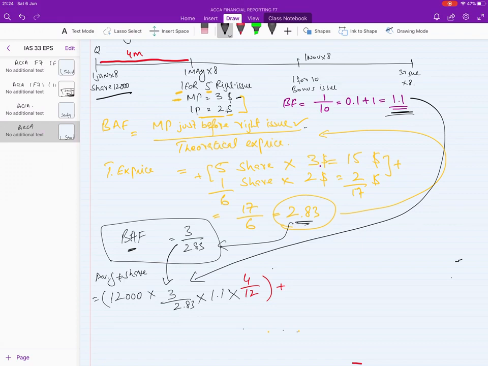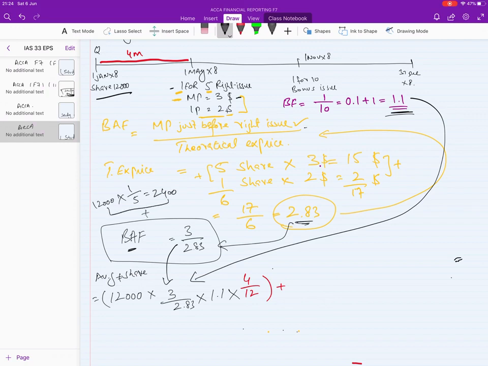So how many number of shares? You were having a 1 for 5 issue. It means the company was having 12,000 shares before. Now the company is issuing 1 share for 5. So 12,000 shares divided by 5, it means the company is issuing 2,400 more shares.